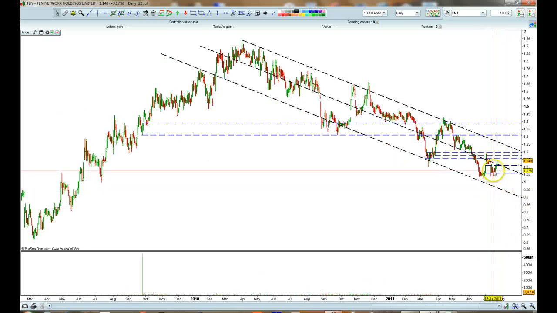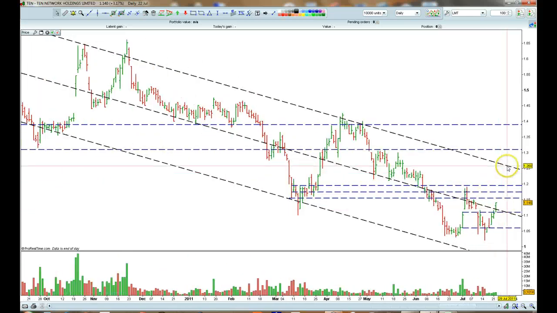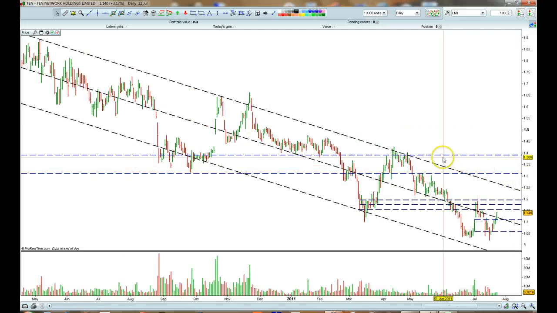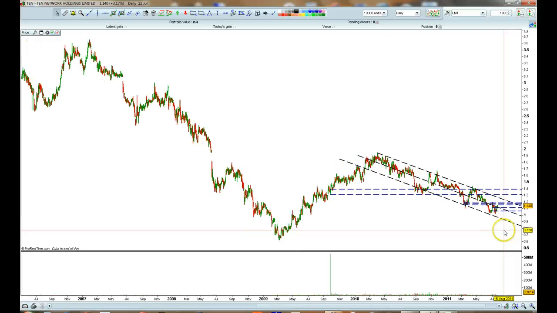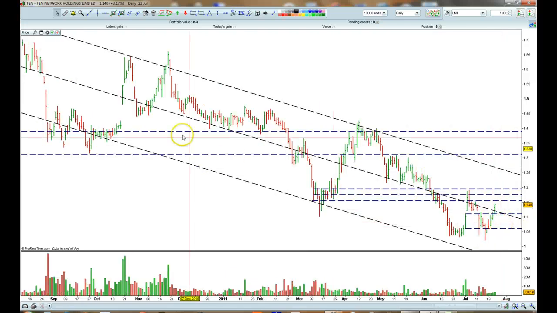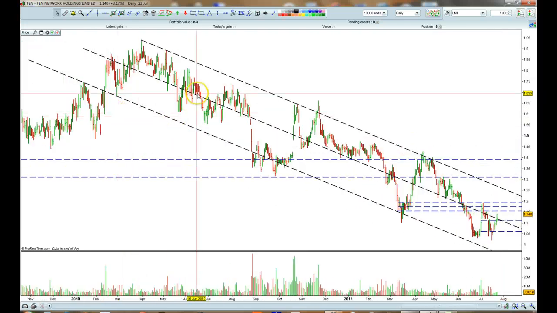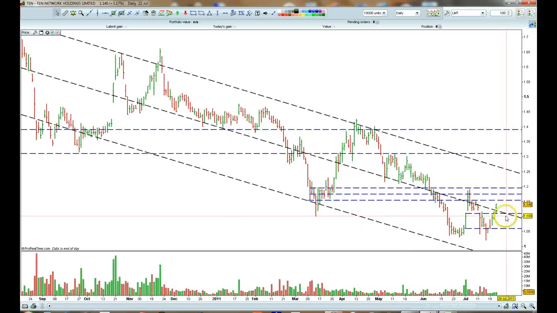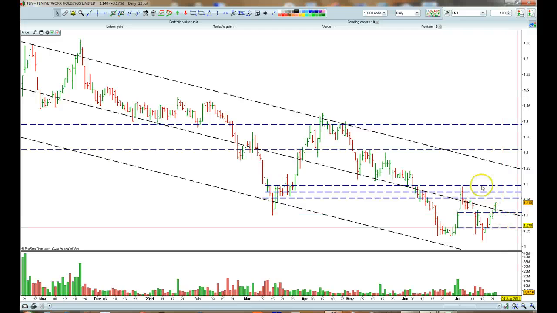You can still buy the bottom of the channel, but your good trades are selling the top of a downtrend and buying the bottom of an uptrend. Now we're right in the middle there, so that's the absolute wrong place to be trading, because it can swing around that median, whether it be a middle or a median line.